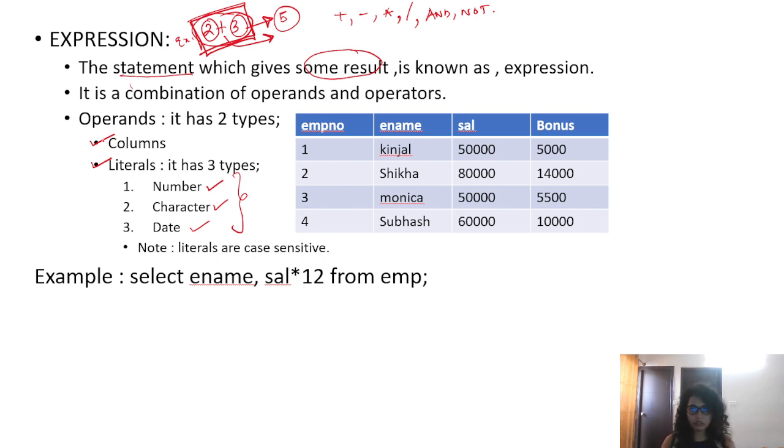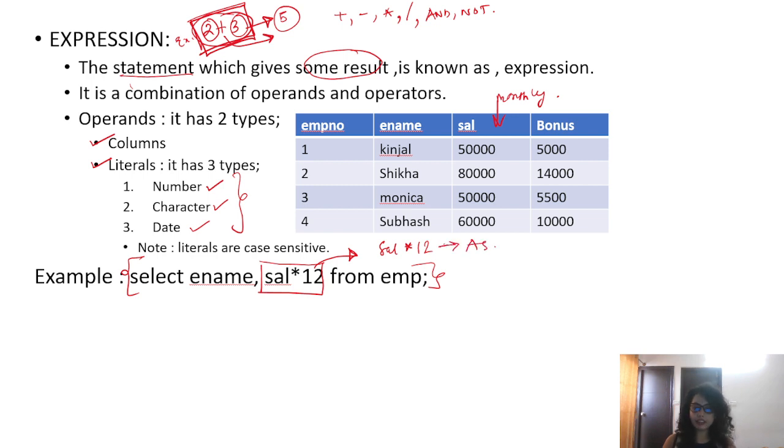First, coming to the columns. See this simple query here: select ename, sal asterisk 12. So what is this telling me? In my table, this column is giving a monthly salary, so I want an annual salary here. If I do salary into 12, you'll get the annual salary.